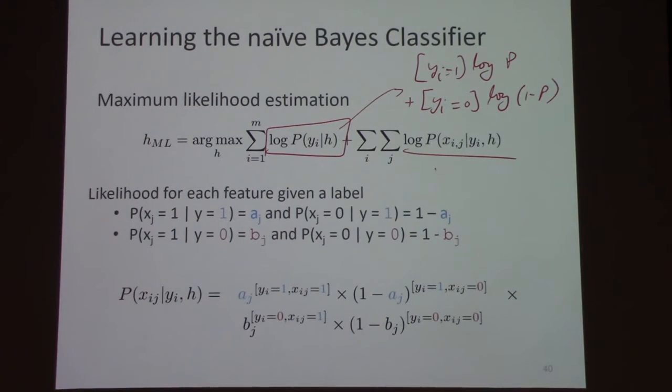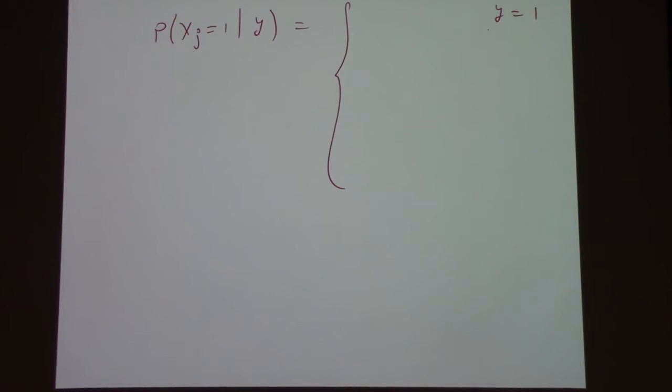Again, the value of p of xj equals 1 given y. There are multiple cases here. When y equals 1 and xj equals 1, the value is aj. Because remember, this was the prior set 1, which means we move to the set of coins defined by a. We toss the jth coin in the a cluster, and if it says 1, then the value of xj is 1.